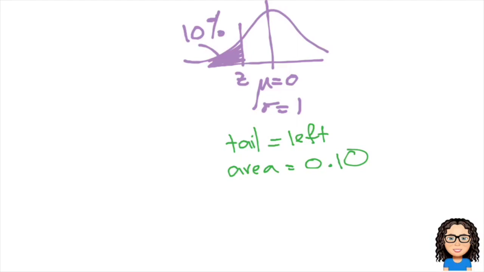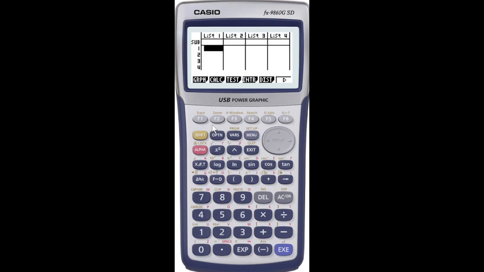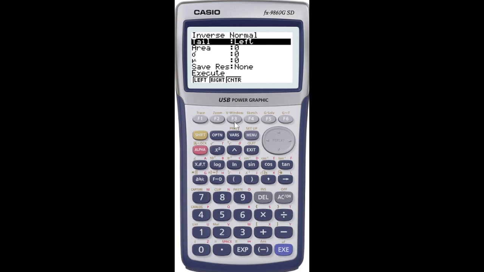So now let's get our calculator and find the Z value. I now want to go into my stats menu. And again, I want the distribution menu, so F5, and I want the normal distribution, F1, and this time again I want the inverse normal. So the area that we've shaded in the bottom 10% on the left hand side.